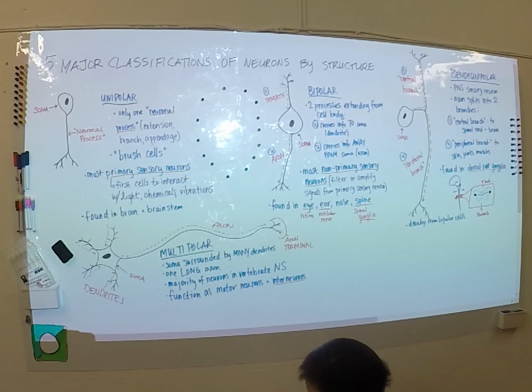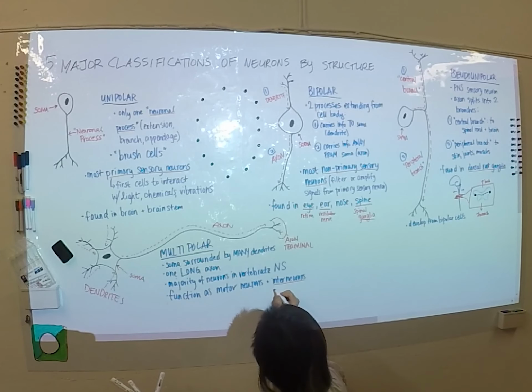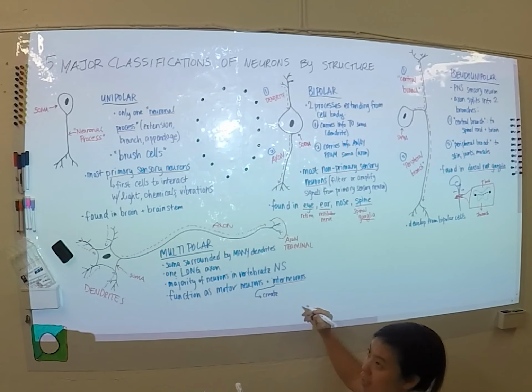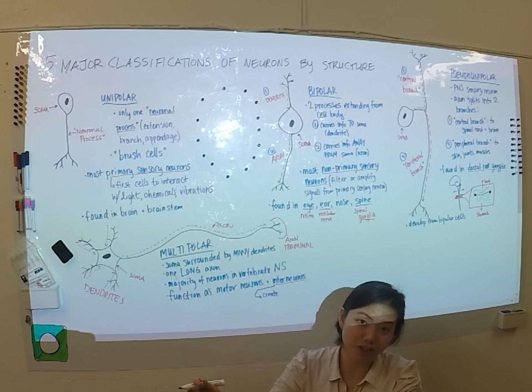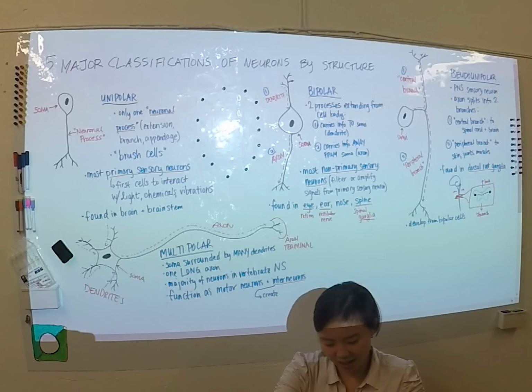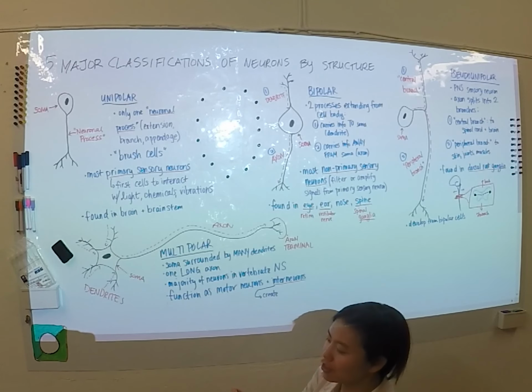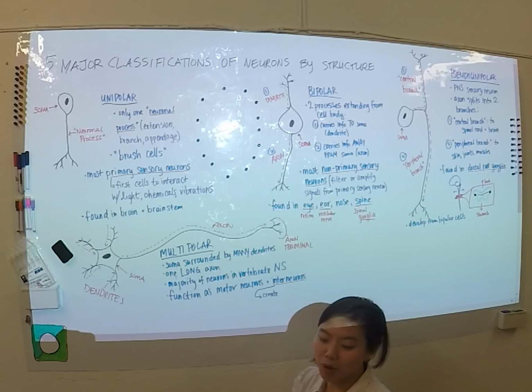So interneurons, how to do this? Okay. So they complete neural circuits by connecting sensory, motor, and central nervous system neurons to each other. And where did I write the rest of this? Oh yes, here it is. Yes. They create neural circuits by connecting sensory, motor, and CNS neurons to each other.